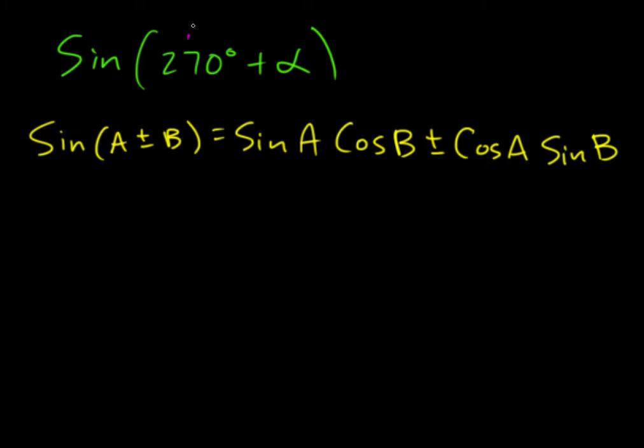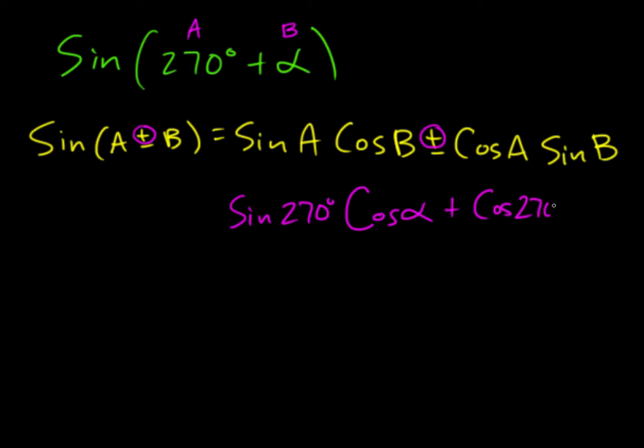We're going to consider this our A and consider this our B. And since this is a plus sign, we're going to follow the top all the way through. So we're going to use a plus sign and a plus sign. So I just need to write sine of 270 and then cosine of alpha plus cosine of 270 and sine alpha.